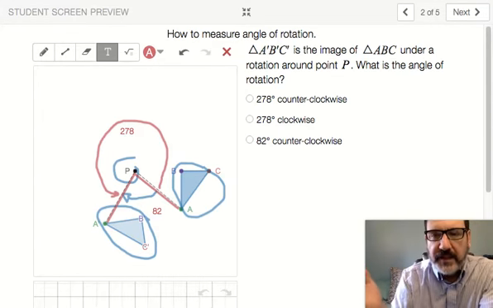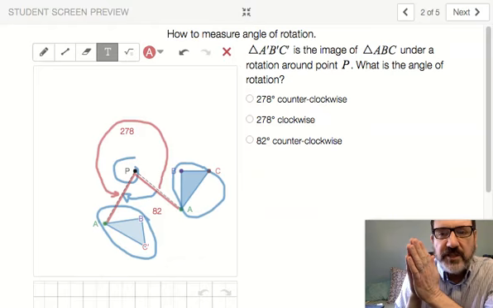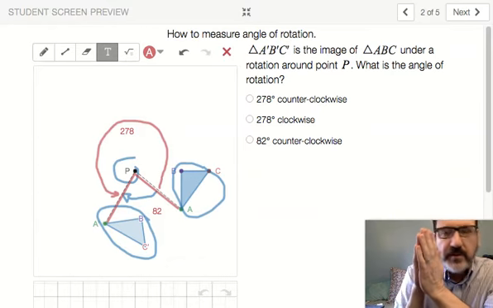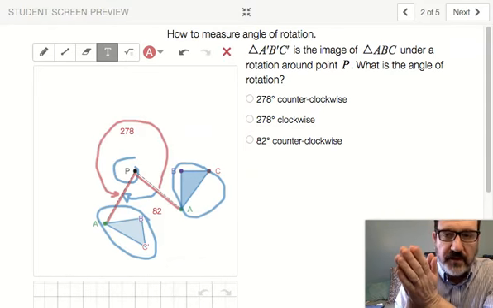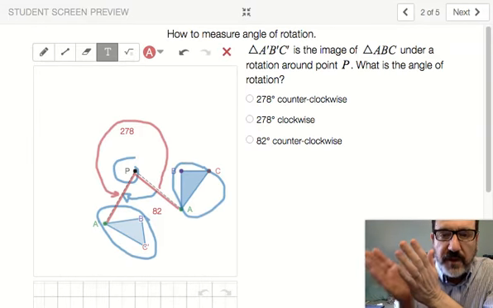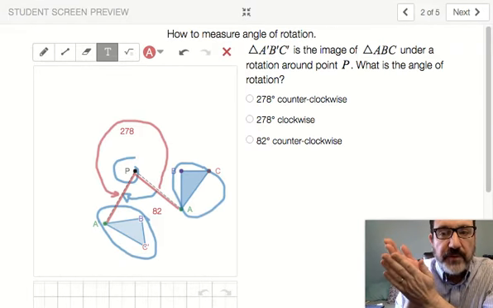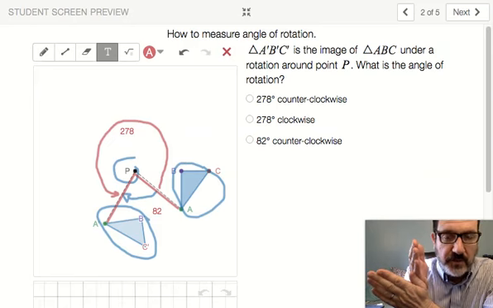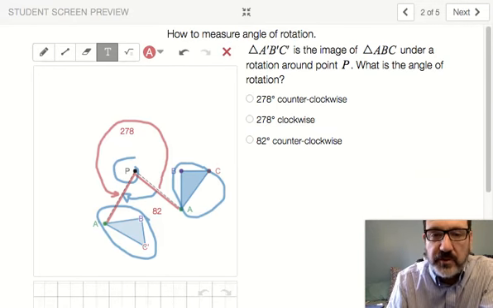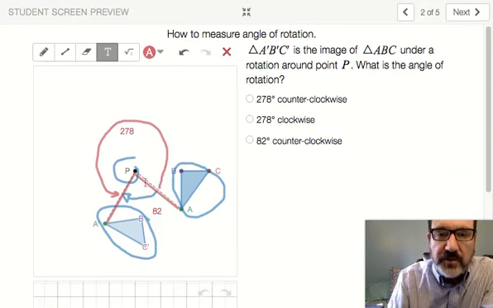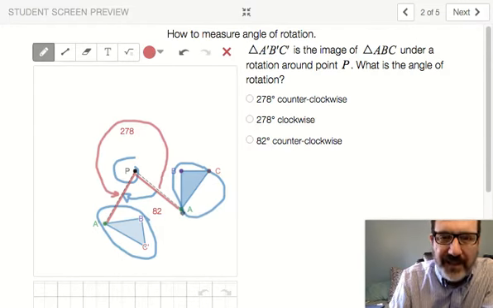Now we've got to think about which direction I am measuring. You're allowed to measure clockwise or counterclockwise. That's fine either way, but you have to measure from the pre-image to the image when you do it. So when I measure my angle, I'm going to start on the side of the angle that's connecting to point A. And when I go to A prime across this acute angle, I'm actually going clockwise.